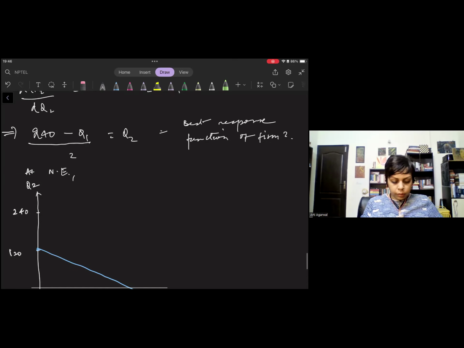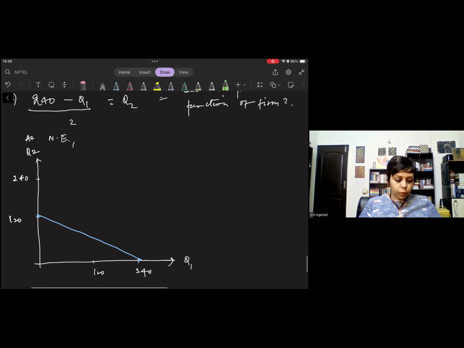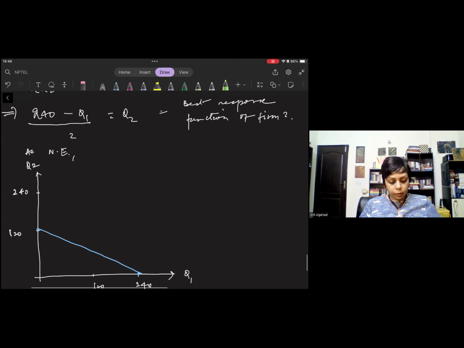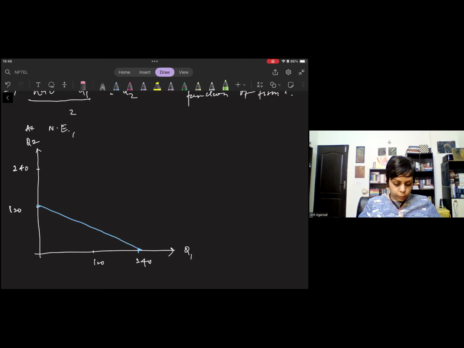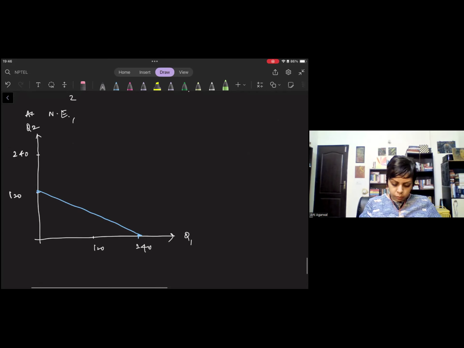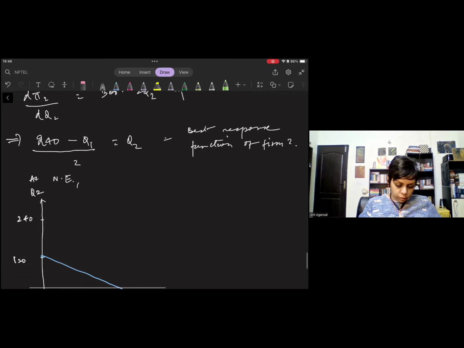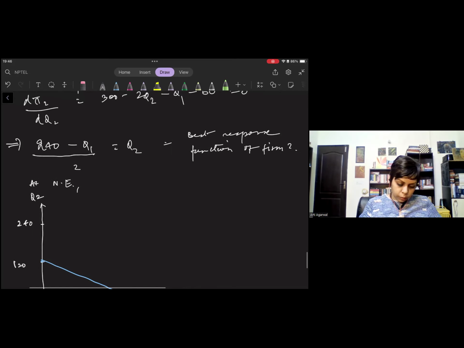Similarly, if you look at the best response function of firm 2, it is 240 minus Q1 by 2. Again, when Q2 is equal to 0, Q1 is equal to 240. Did I do something wrong? Yeah, I think I have drawn this the other way around.